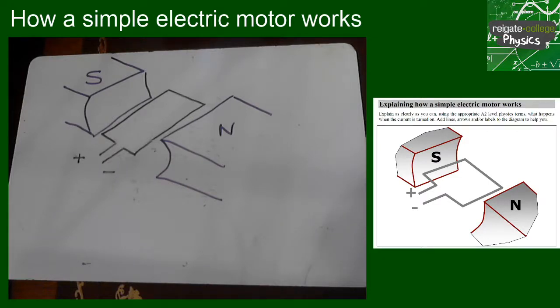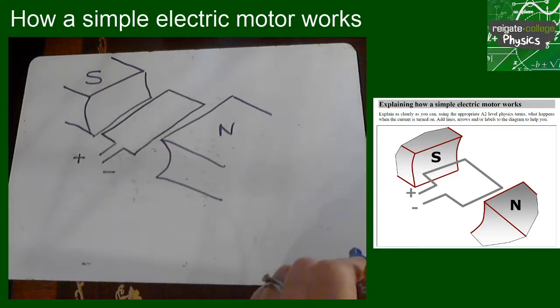Okay, so where shall we start? The best place to start here is by labelling the diagram as much as you can. A well-labelled diagram helps you to describe what is going on really quite easily. So what we're going to do first of all is to mark on the magnetic field lines.